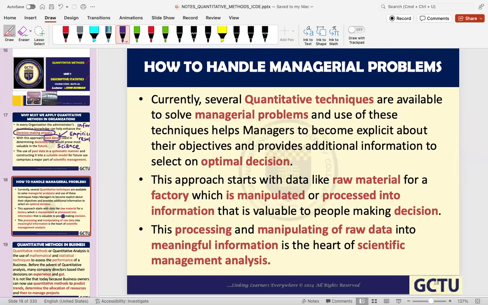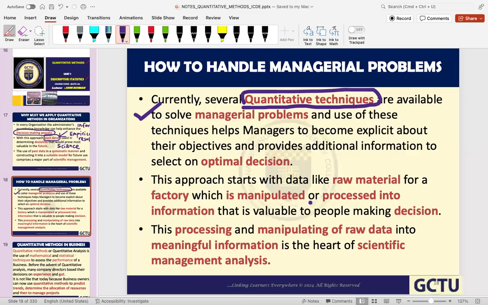Now, how do you handle managerial problems? We use quantitative methods or techniques to solve managerial problems. And in one of the topics, I will use it to solve a managerial problem for you to know how quantitative techniques or methods are used to solve managerial problems.